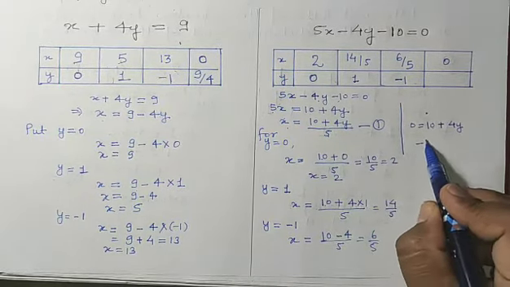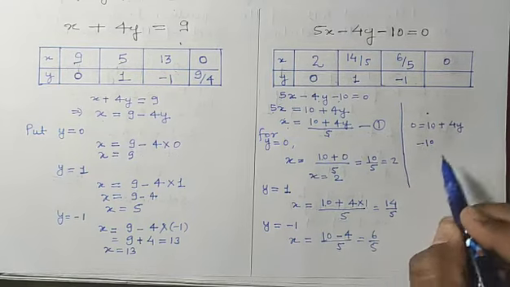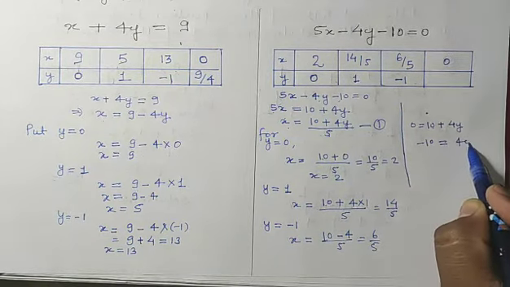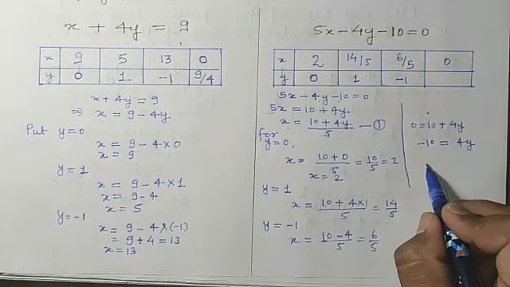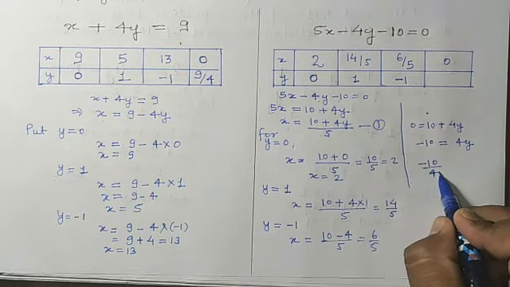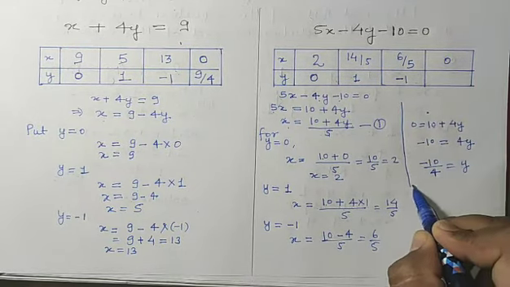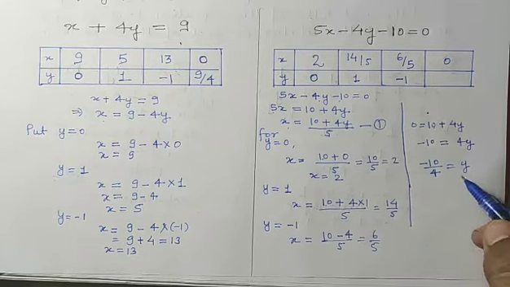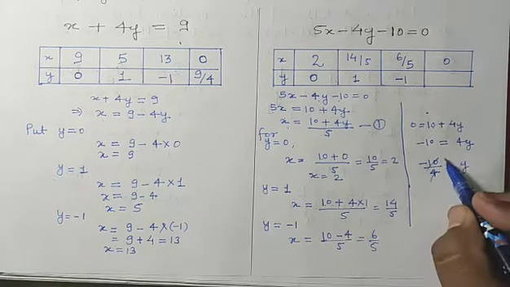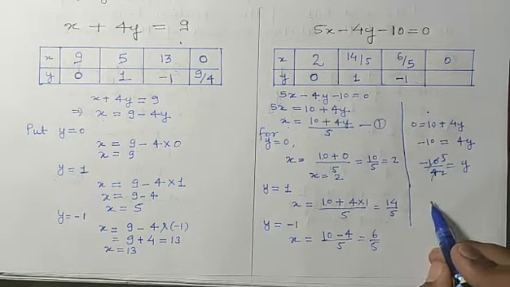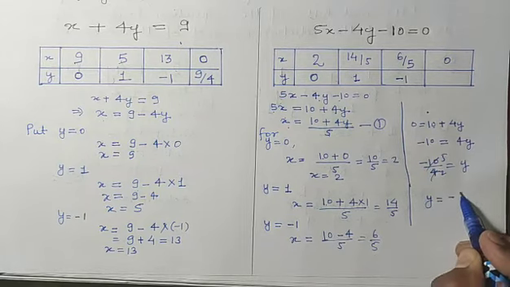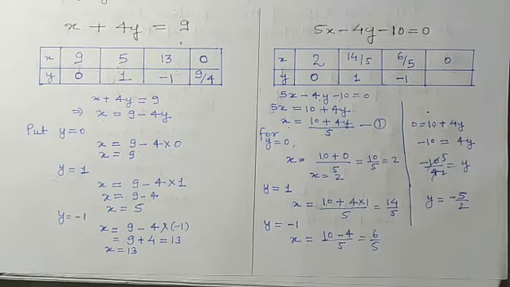Now shift this 10, it will be minus 10 is equal to 4y. Now shift this 4, so you will get minus 10 by 4 is equal to y, and you can simplify it also. 10 upon 4 you can write as 5 by 2, so here you get y is equal to minus 5 by 2.